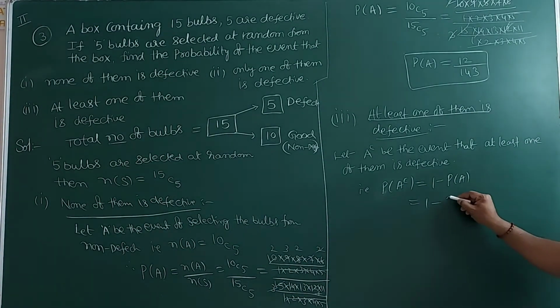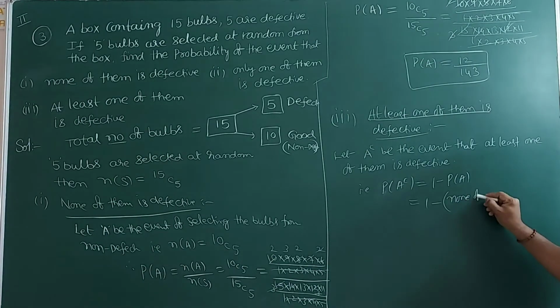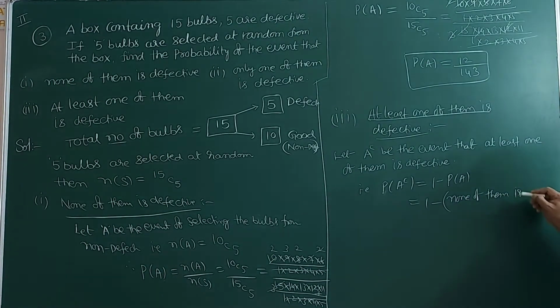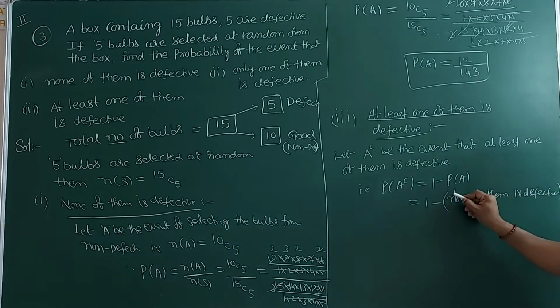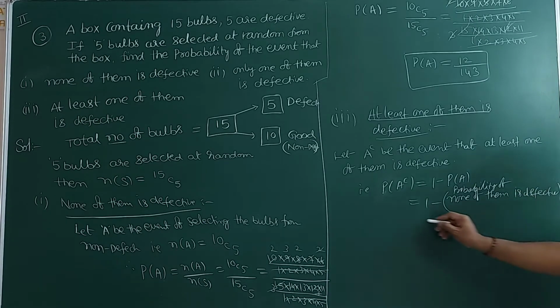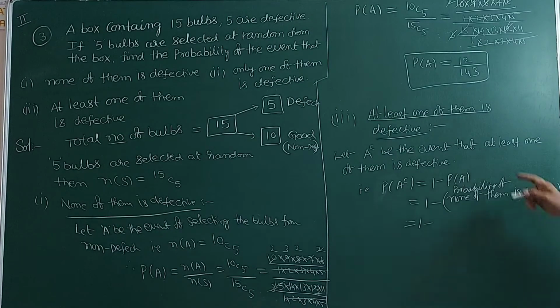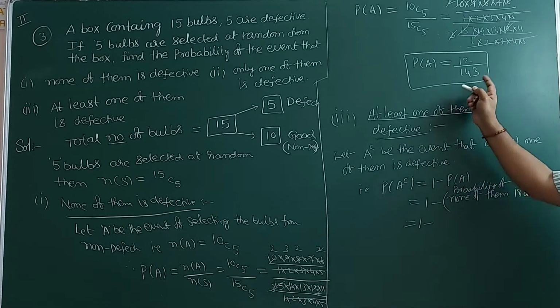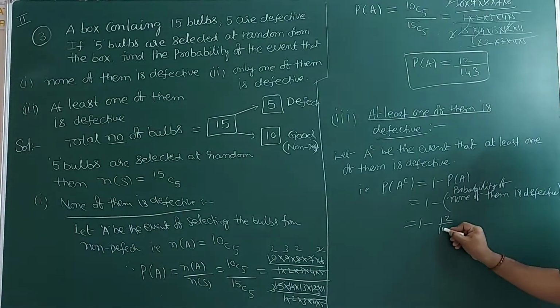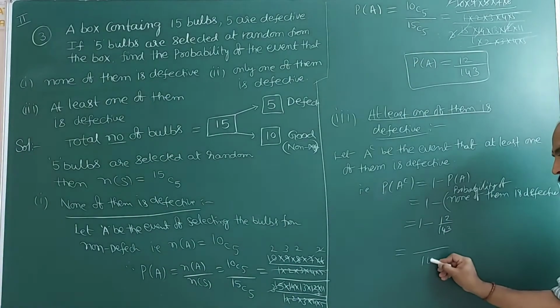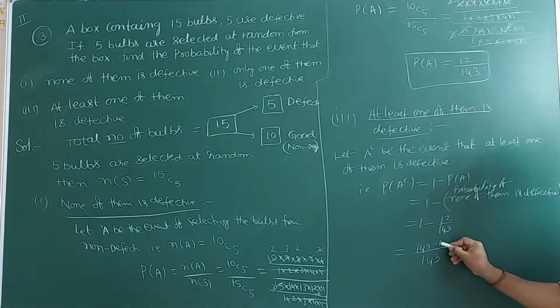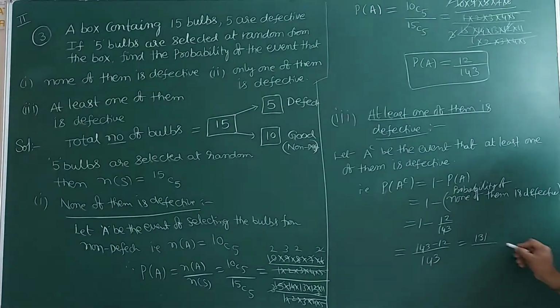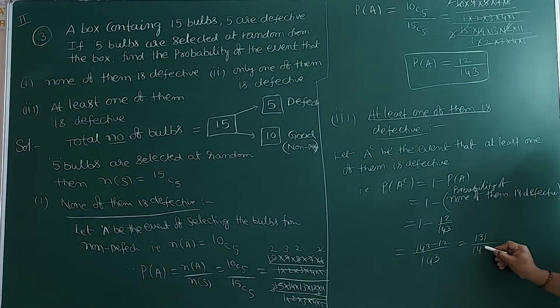It is the probability that none of them is defective. So 1 minus the probability of none of them defective, P of A value 12 by 143. Taking LCM 143, 143 minus 12, which is equal to 131 divided by 143.